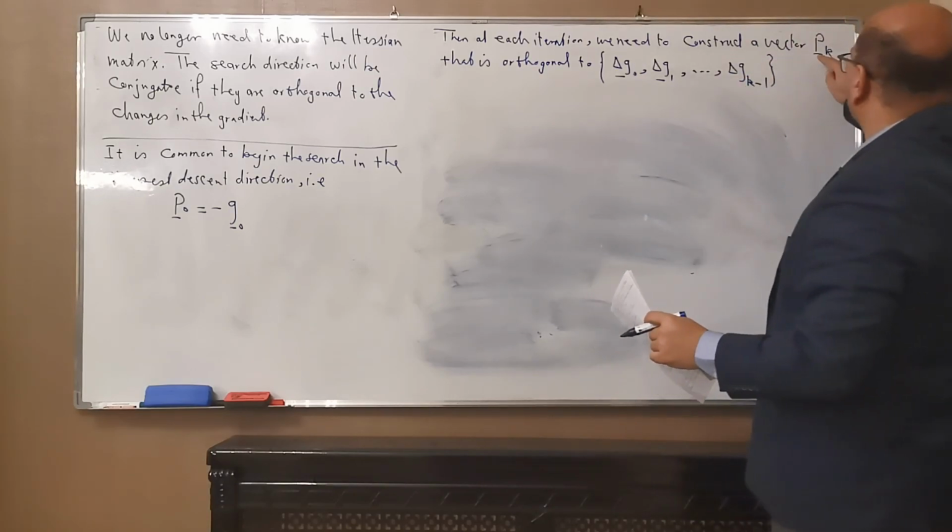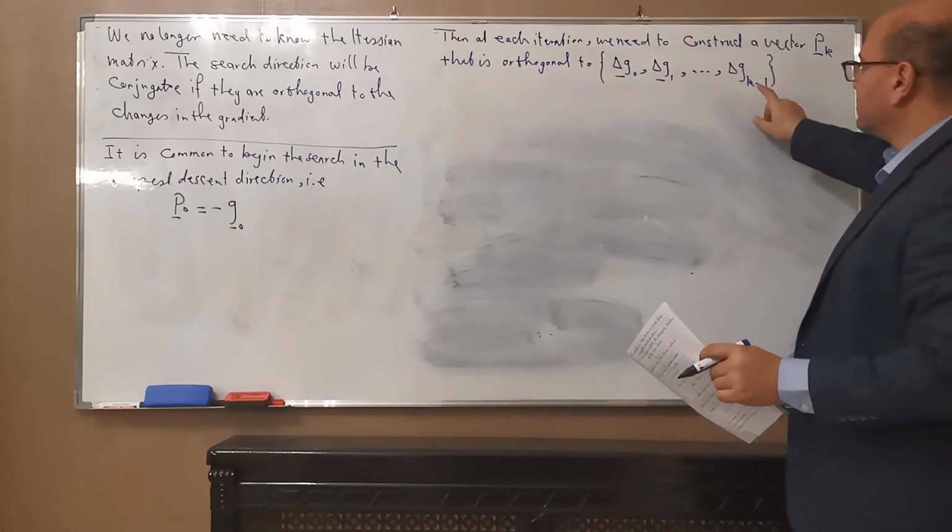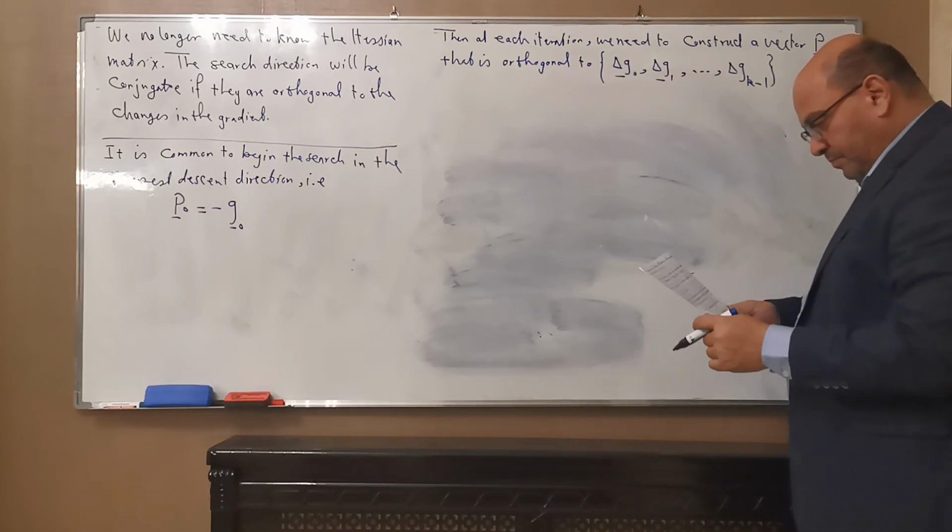So pk is chosen such that it is orthogonal to all those previous delta G's.